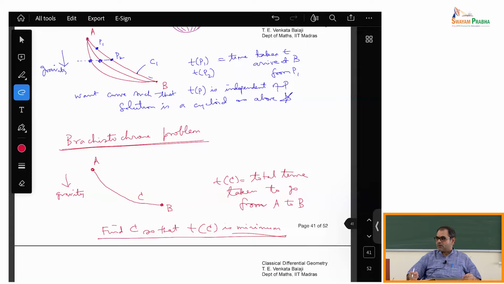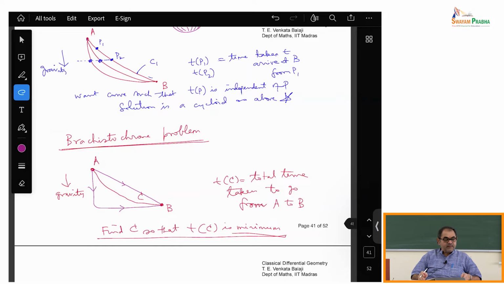Interestingly, the solution of this problem is also a cycloidal curve. One would think of curves like this. For example, naively a straight line movement like this, or you go vertically down, have a small bend, and then go out like this.